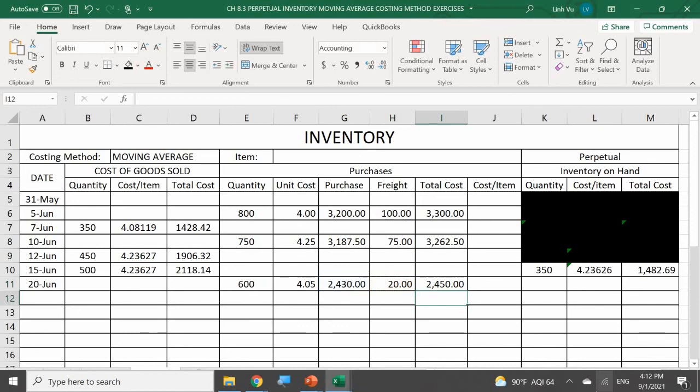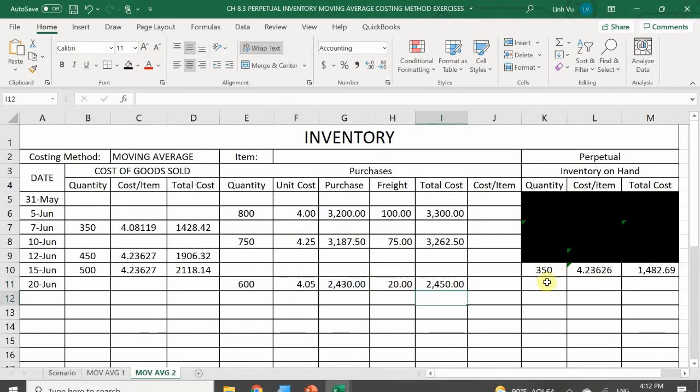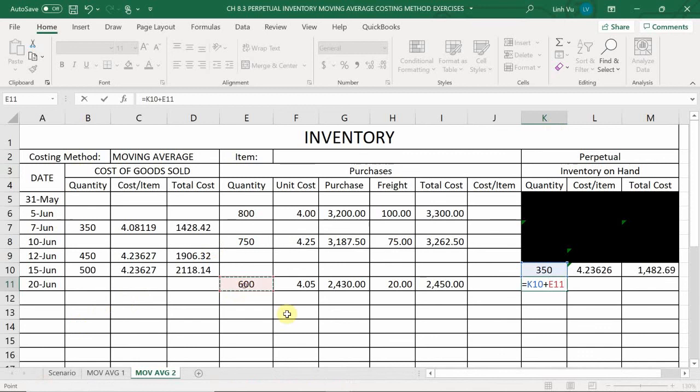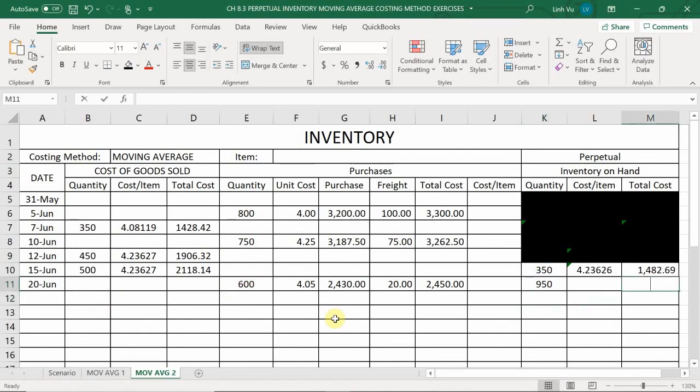So once again, let's update our inventory, right? Because I no longer have 350 items. I now have 950 items. Okay. What's my new total cost? $3,932.69.